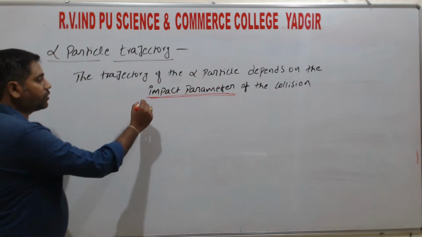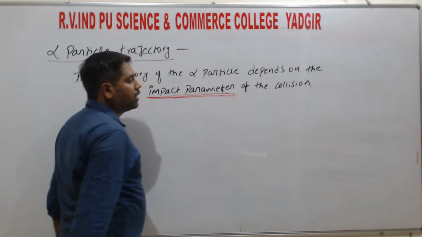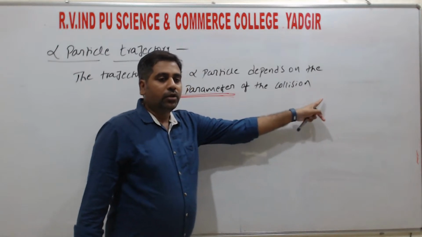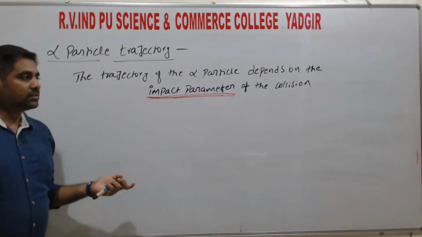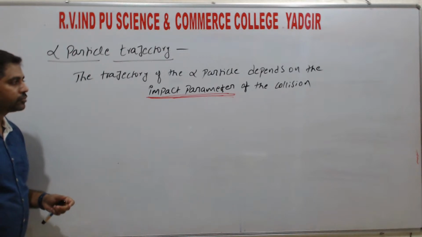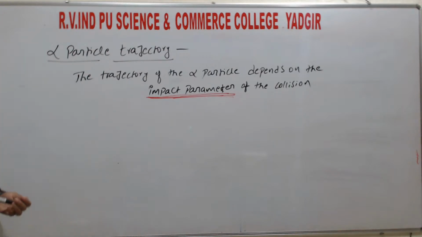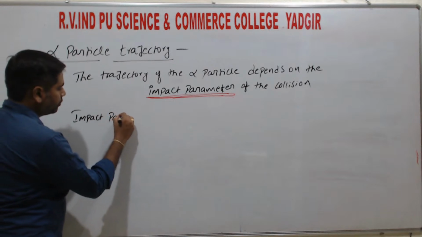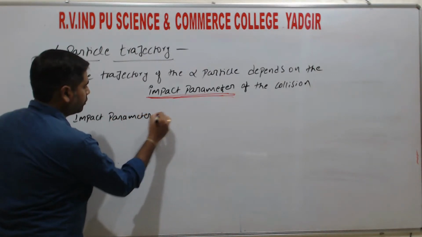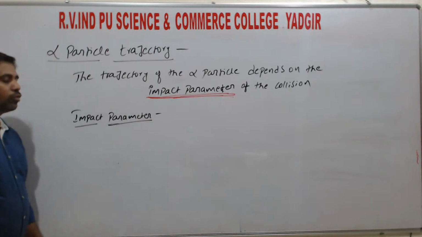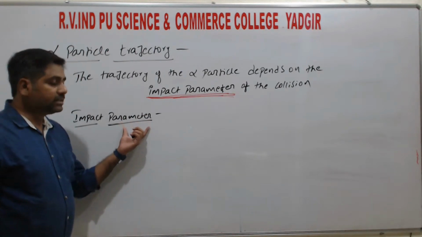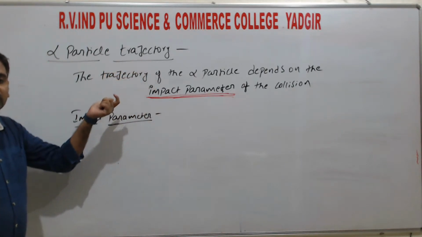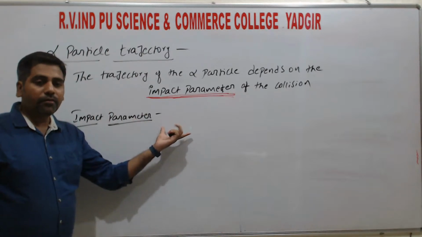So the trajectory of the alpha particle mainly depends on the impact parameter of the collision, that is, the collision between the alpha particle and the nucleus, as we studied in the last class, that is scattering. So what is impact parameter? The impact parameter is the perpendicular distance of the alpha particle's initial velocity from the center of the nucleus.